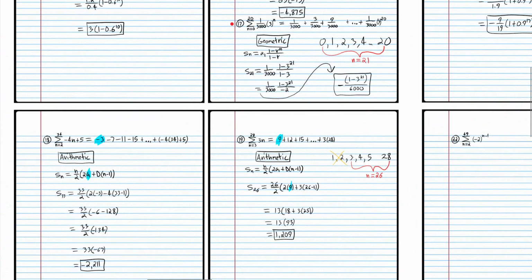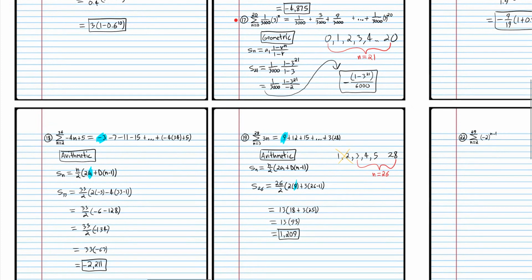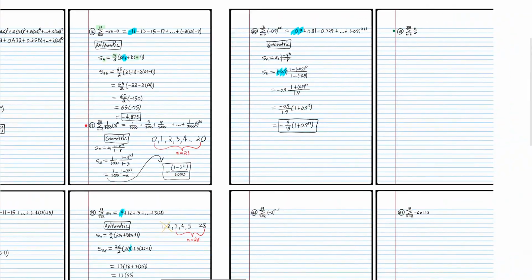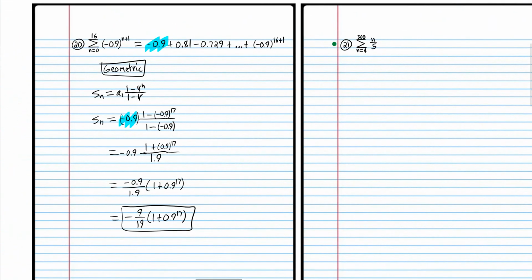Okay, so again, the most important thing with these problems that we've been doing is to determine what n is going to be in your formula. Don't be deceived. n is not going to be the upper bound necessarily in these problems we're about to do. It's not 16 for this example, it was 17.